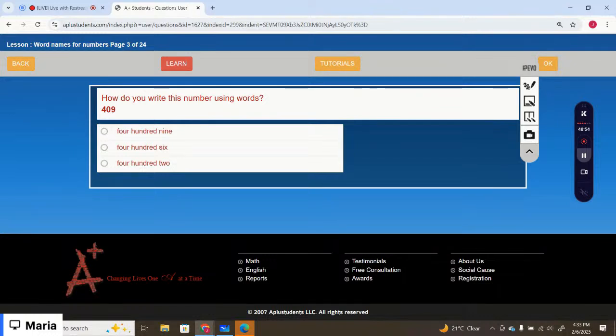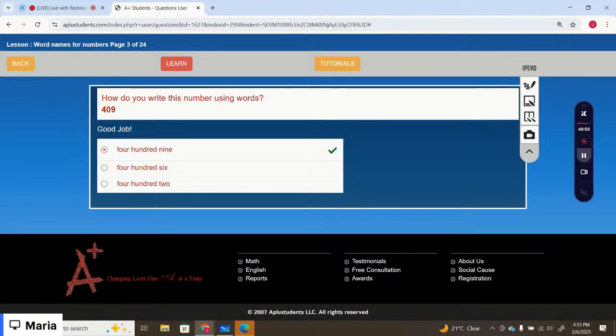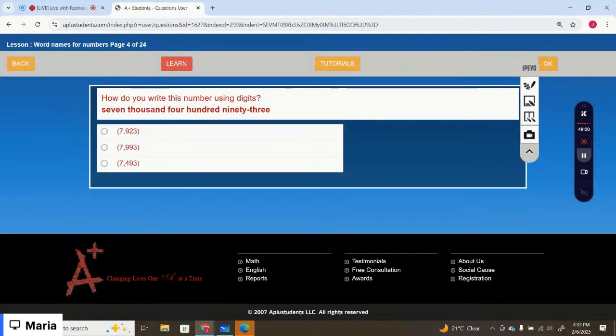That is 409. Option number one is the correct option. How do you write this number using digits? 7,493.